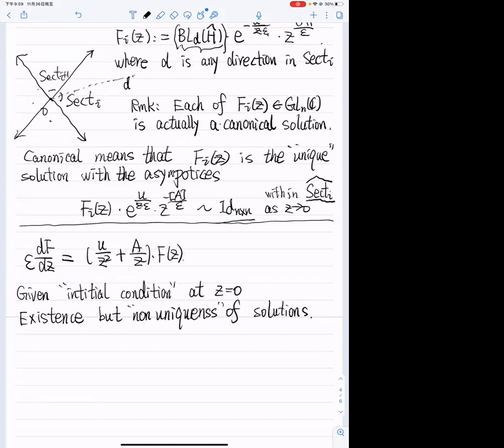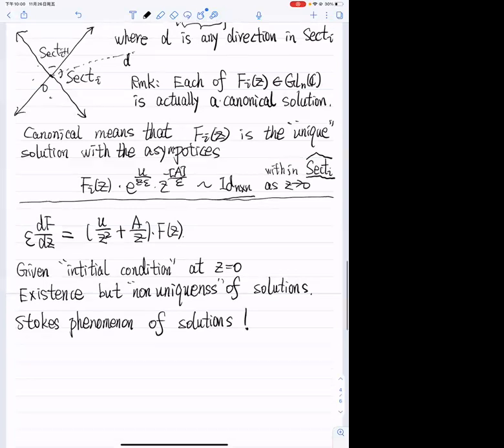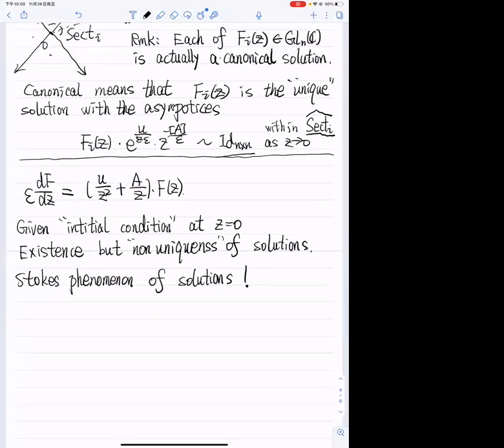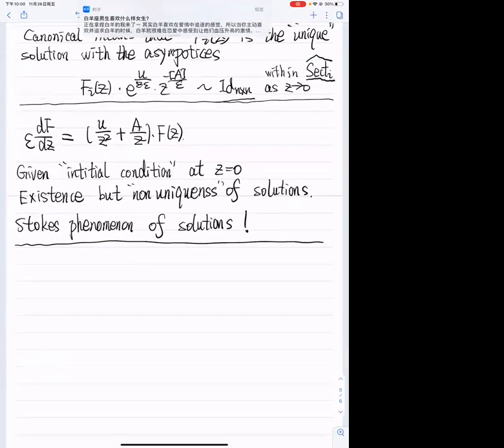So from this non-uniqueness, we already see the Stokes phenomenon of these ODEs or of the solutions. It's equivalent to the previous definition.